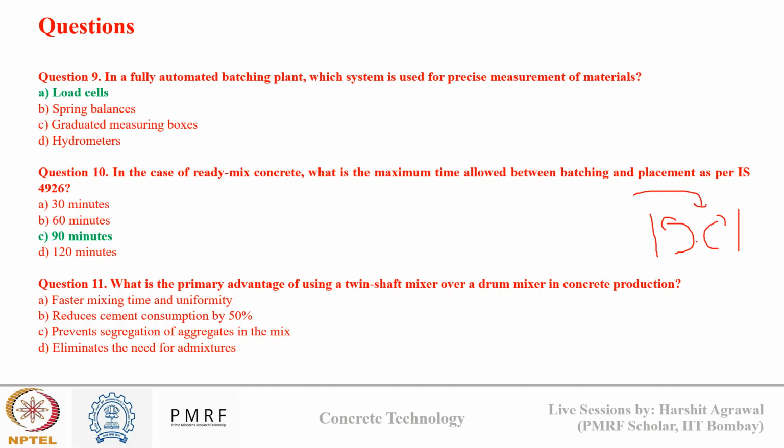We pour the material from the top, and the material gets mixed. Once the mixing is done, we open the gate at the bottom and collect the material. There are two shafts rotating and mixing the material. So what is the primary advantage of such a twin shaft mixer over a drum mixer?